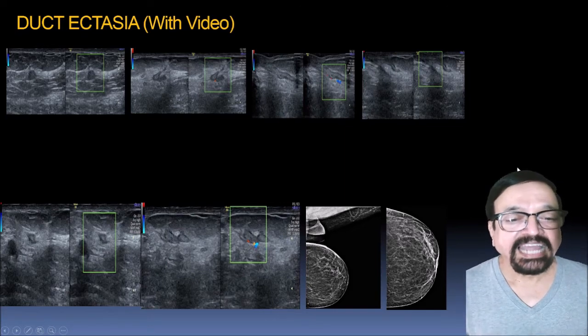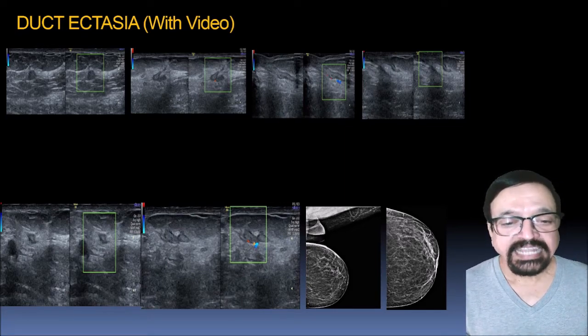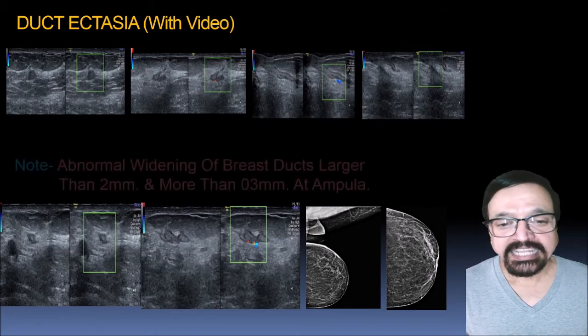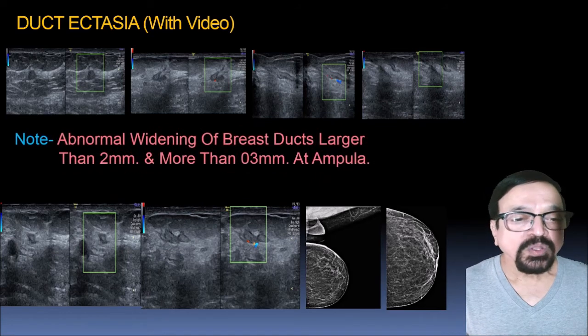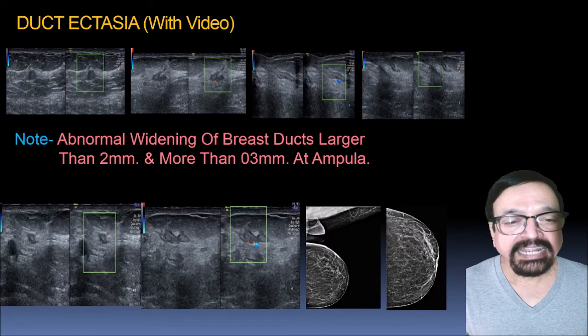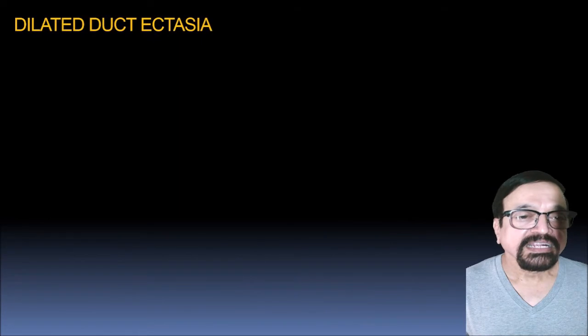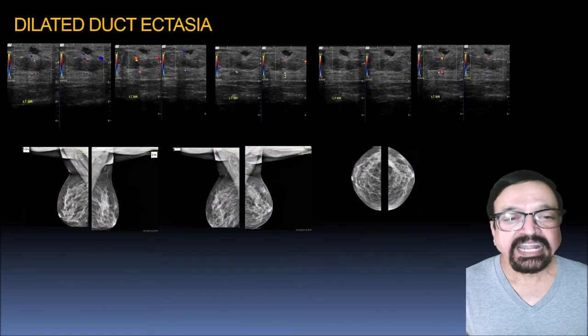We are seeing a dilated duct, we are seeing the fluid accumulated in it, and both on video and on static images we are seeing the same thing. So the abnormal widening of the breast ducts is larger than 2 mm, and more than 3 mm at the ampulla. Here are a few more cases.